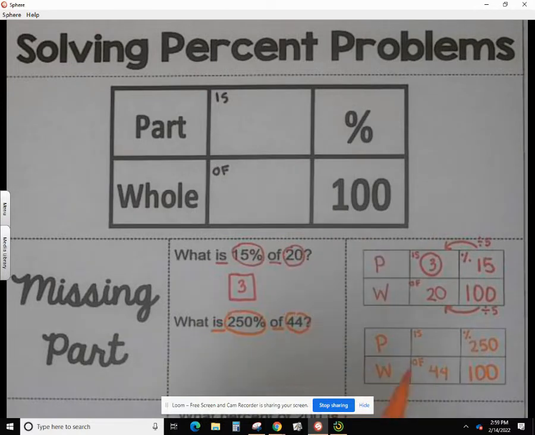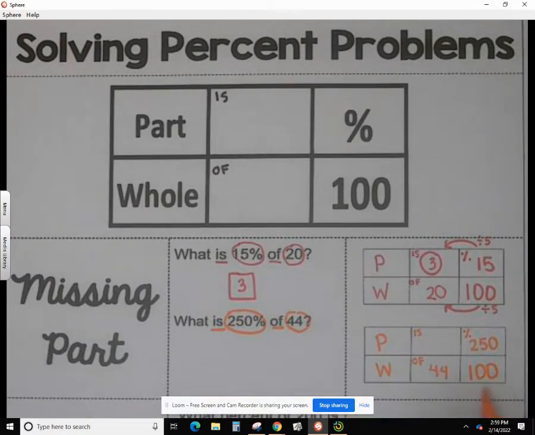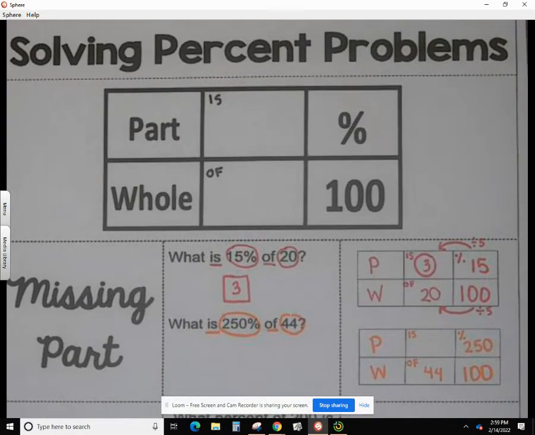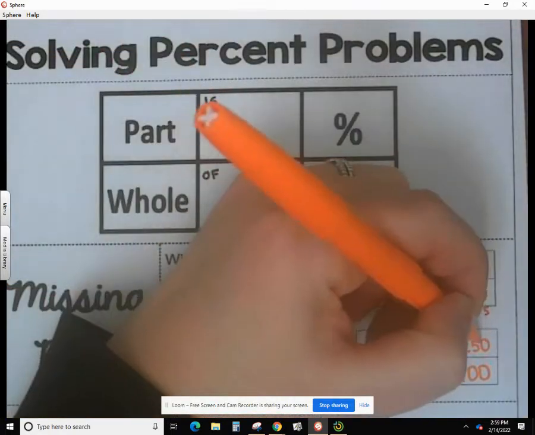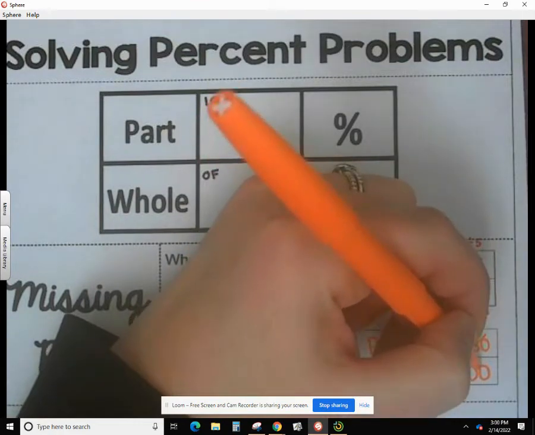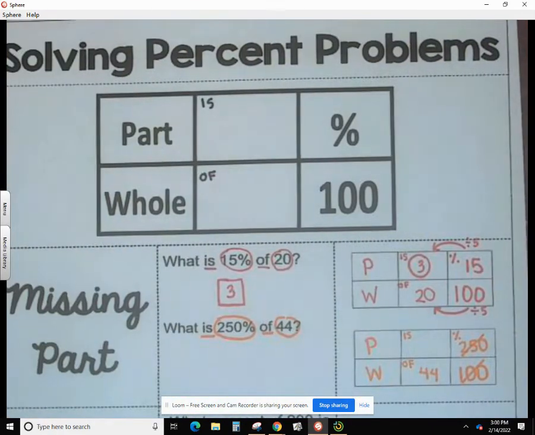Again, our 100 is going to be our corner number. There's nothing I can divide 100 by to get 44, and there's nothing I can multiply 100 by to get 250. So this is something I haven't shown you about the box yet. If you don't understand, don't stress. We'll keep working on this. Basically, you can simplify in the box just like we simplify fractions.